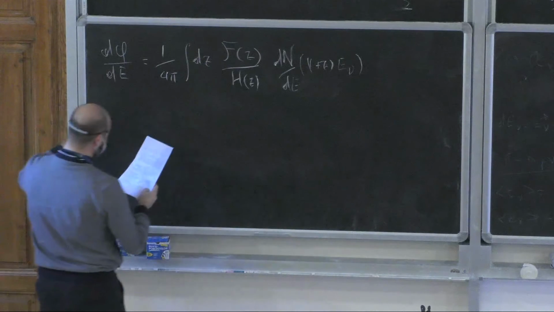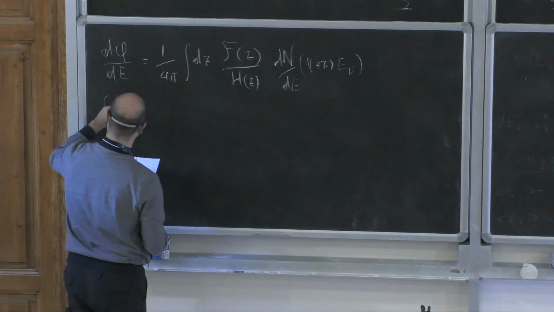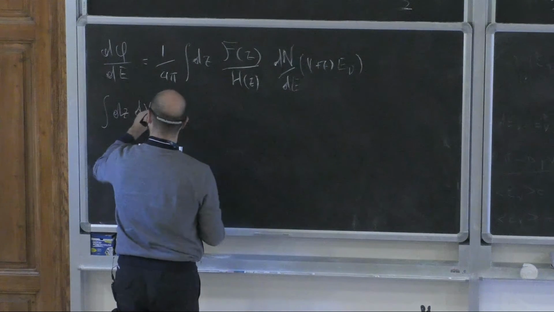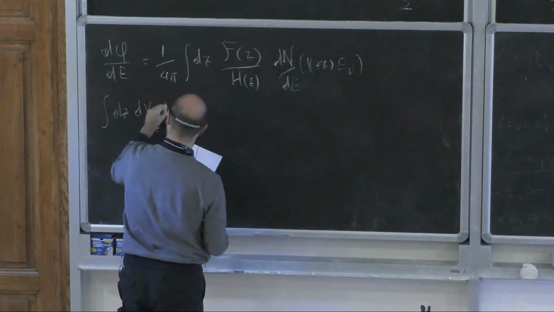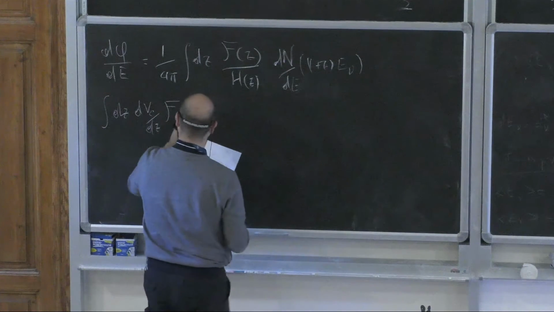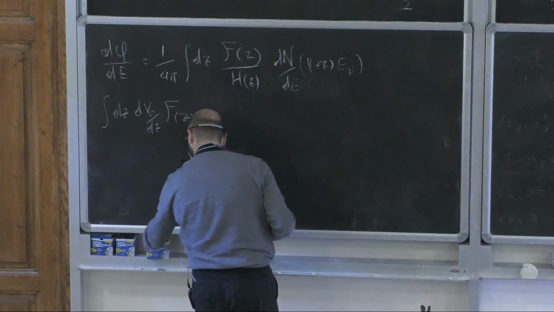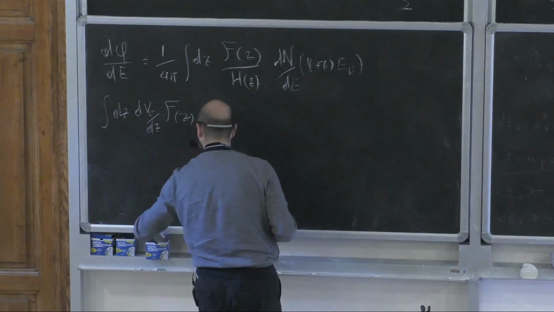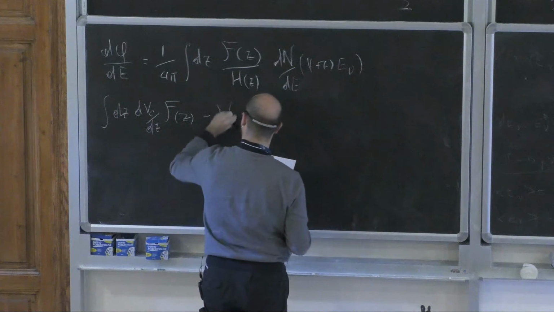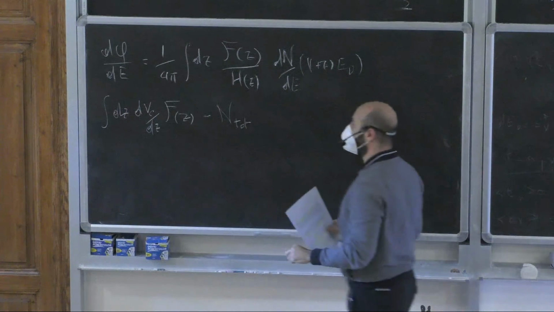For instance, the integral dz dV_C over dz times curly f of z is the total number of sources that are contributing to my neutrino flux.